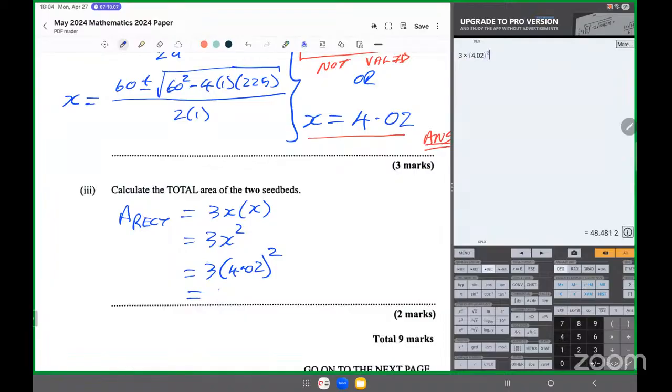That is 48.4812. But remember that the square bed, I mean, have the same area.